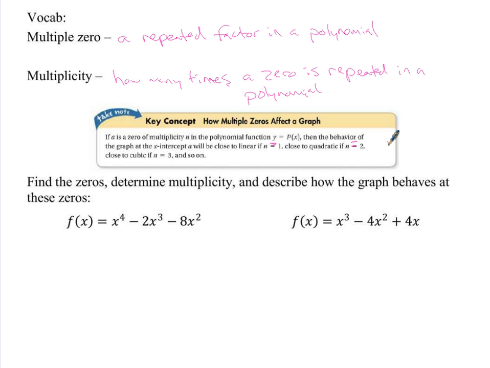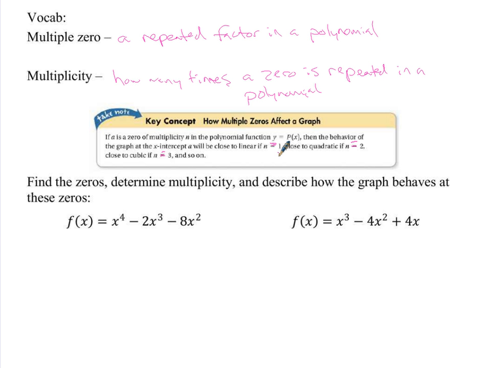If the multiplicity is 3, so if n equals 3, then the behavior of the graph will be close to looking like a cubic function, a snake. Okay? So just close to that zero, the graph will look like a snake, or a parabola, or a line.